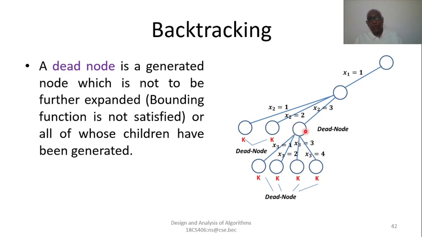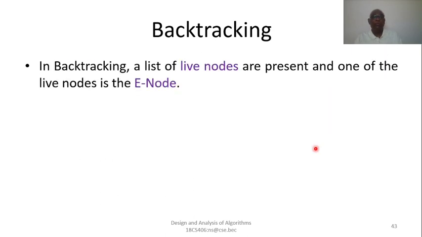This node is also a dead node in this snapshot of the solution because all the children of this node have been generated. So, a dead node comes in two flavors. One is a node which should not be further explored because it does not satisfy the bounding function, or a node all of whose children have already been generated.